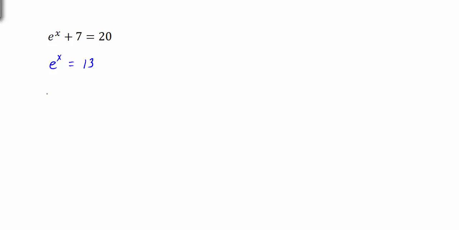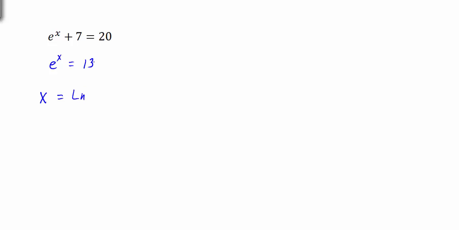I'm simply going to rewrite the exponential equation in logarithmic form. So that means our exponent, which is simply the x, is going to be equal to the natural log. And again, that's because the base is e, so that's like writing log base e.